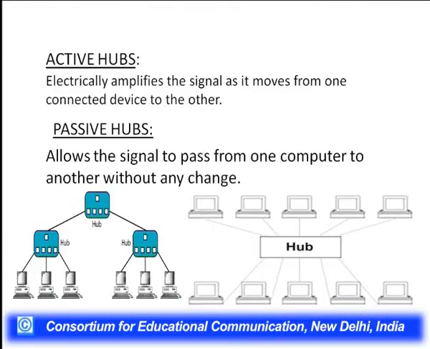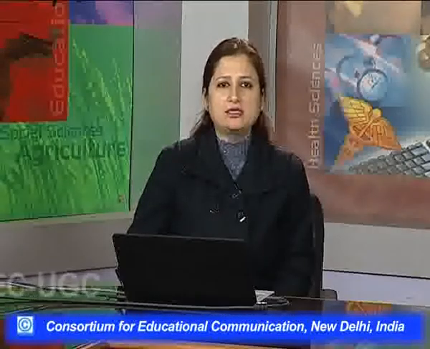So active hubs, they electrically amplify the signal as they move from one connected device to the other, and passive hubs, they allow signals to change from one computer to the other without any change. So they are not even going to amplify the signal which they are receiving. So a hub basically receives bytes of information from one segment and they pass it on to the other.